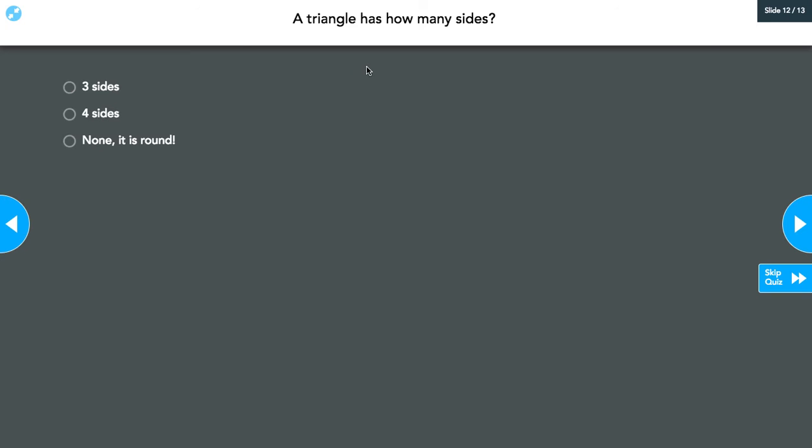The next question says, a triangle has how many sides? The triangle has 3 sides, the triangle has 4 sides, or the triangle has no sides at all. It is round. Make sure that the children answer the question, and once they are fully done, you click on the next slide.